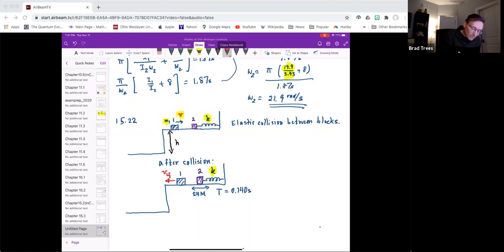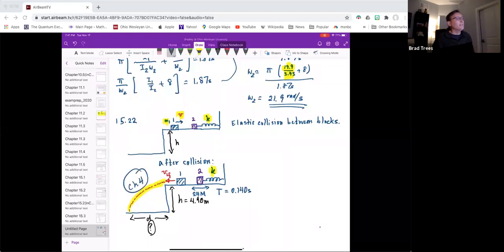And then block 1 just keeps going to the left. It will get to this point, treat it as a particle, and from that point, it will just undergo projectile motion, traveling downward, height h, and we're told what h is, 4.9 meters, so that's pretty high. But we want to know how far horizontally it goes. Well, that part right there, the projectile motion, that's just chapter 4.